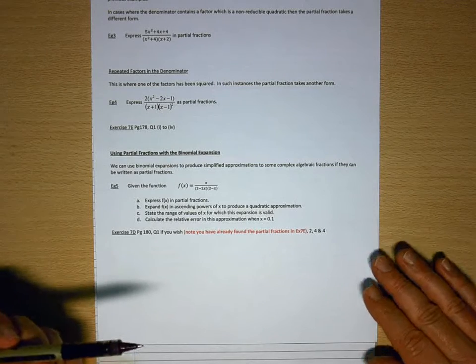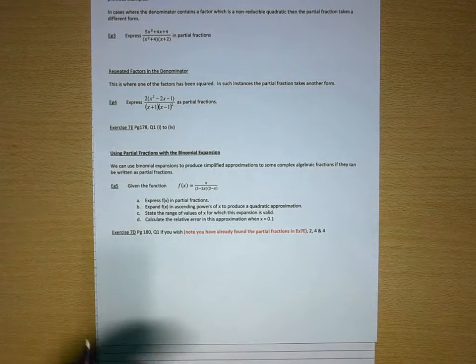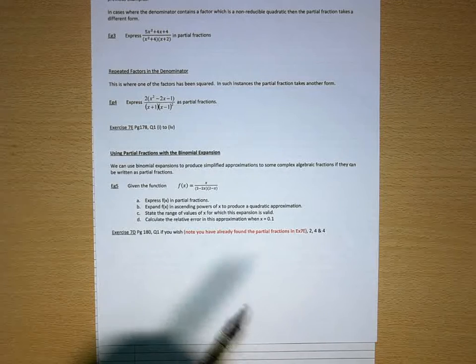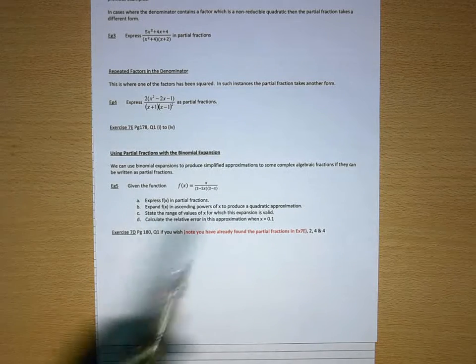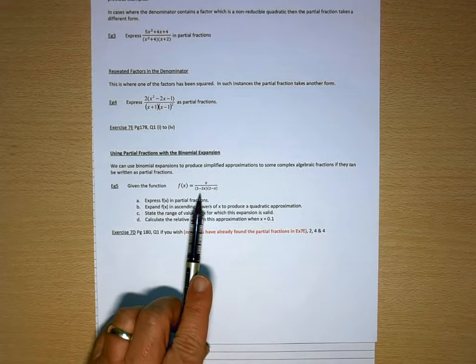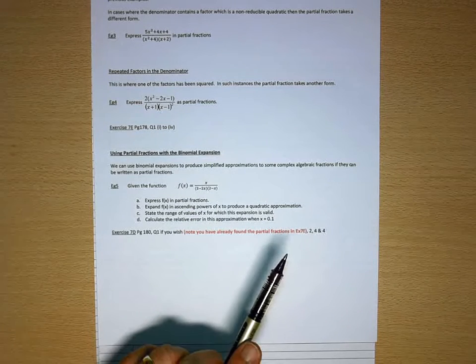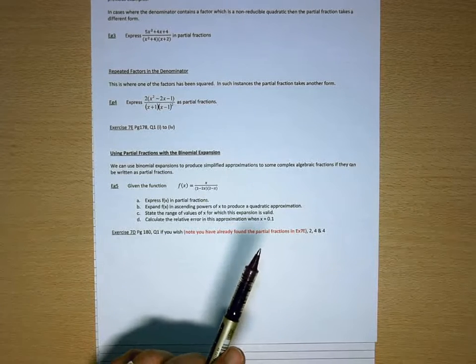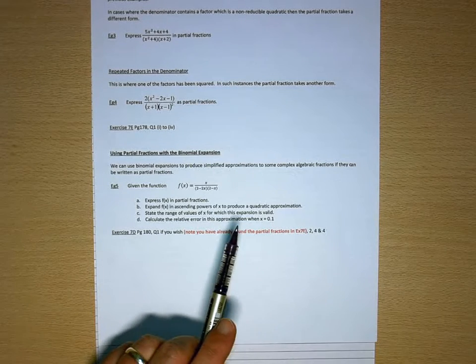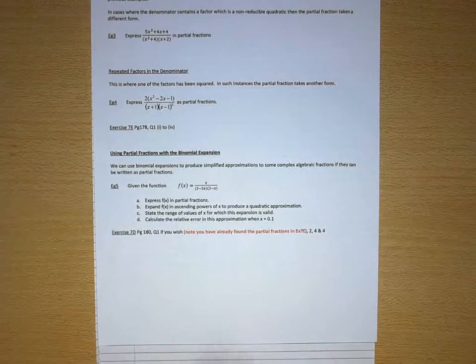One of the most common uses is to come up with binomial approximations to complex algebraic fractions. So we're going to look at this example, break it into partial fractions, and then look at how we can use binomial expansion to come up with a quadratic simplification of it.